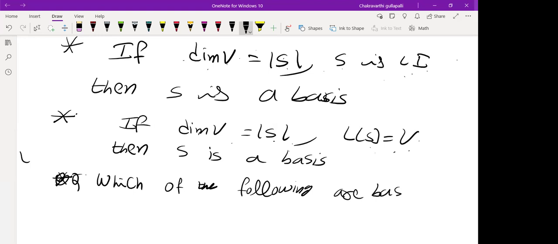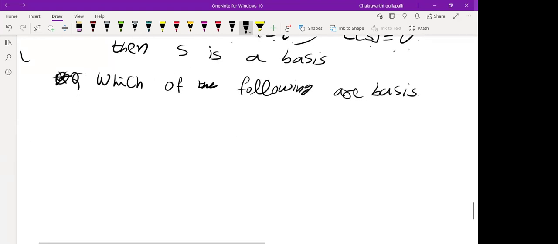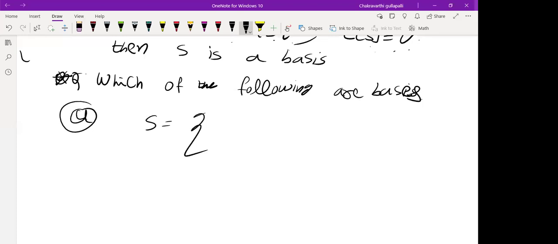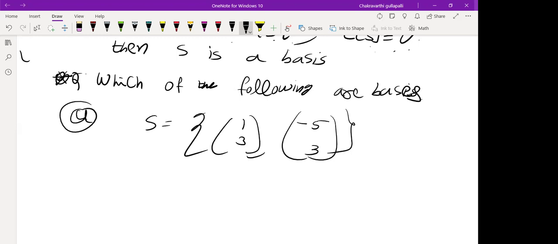Basis అంటే గుర్తుపెట్టుకోండి, ఇండిపెండెంట్ అవ్వాలి, జనరేటర్ కూడా అవ్వాలి. ఆప్షన్ బి. మొదలు ఇండిపెండెంట్ అవుతుందా లేదా చెక్ చేసాం. ఇప్పుడు is it a basis or not we can.